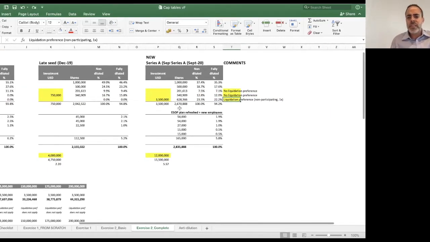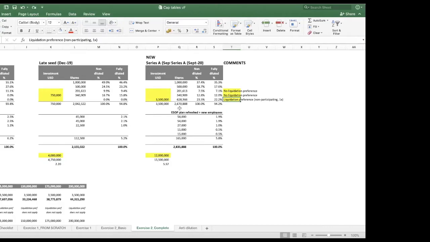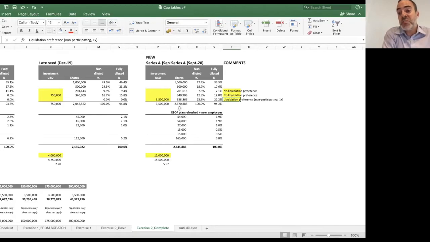The way it works, as I said, is that in low valuations, it kicks in. A non-participating one will not kick in if the exit valuation is above the investment valuation. Why? Because if I invested 1 million at 10 million post-money in exchange for 10%, and you sell the business for 50 million, I own 10% of the business.